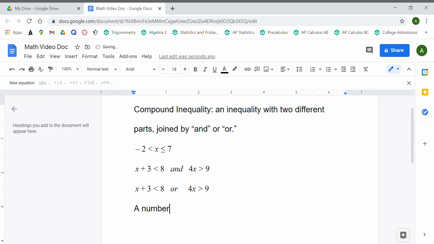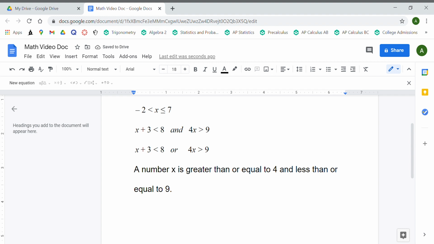A number x is greater than or equal to 4 and less than or equal to 9.